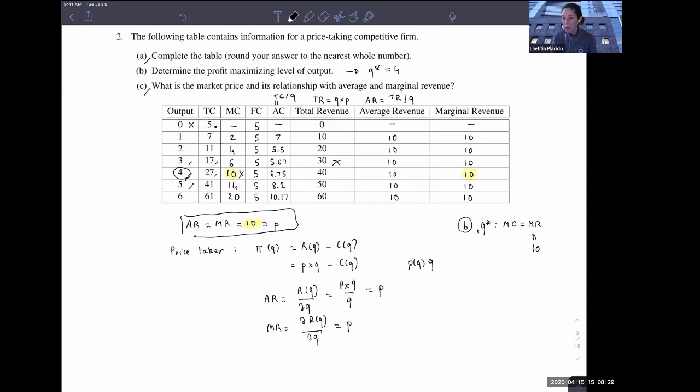You can also calculate the profit, which is total revenue minus total cost. And you just look at the output where the profit is the max, and it's going to happen here. But it takes more time.